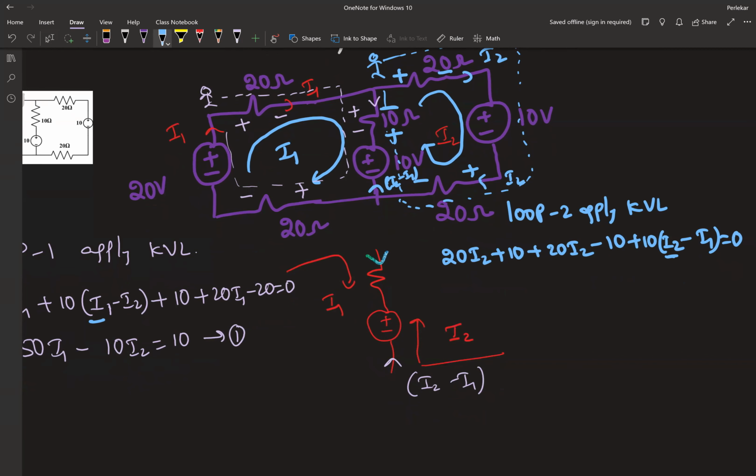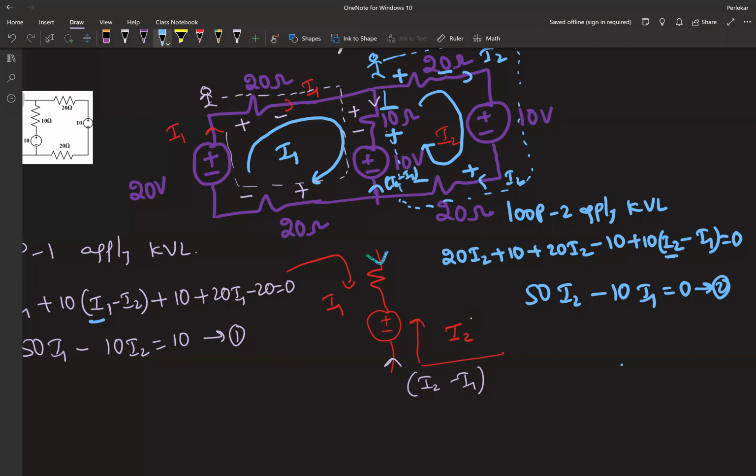So I have 20 plus 20 plus 10, so 50 I2 minus 10 I1 equal to 0. That's my second equation. Here I'm going to use the substitution method.